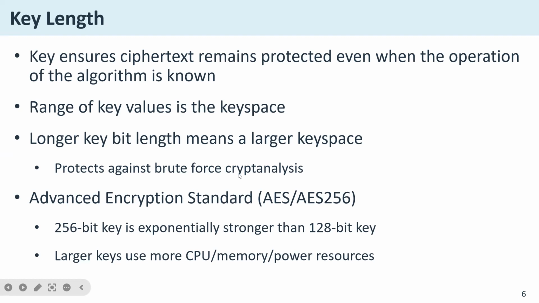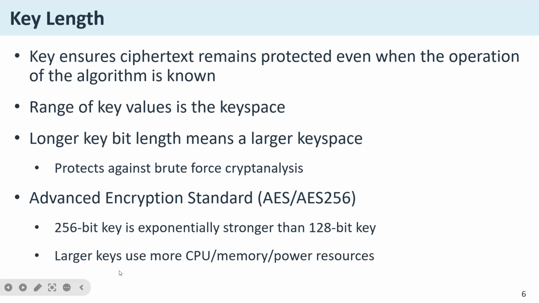Take, for instance, in your exam, you have a question about which of these algorithms is going to take a longer time to break. You're looking at key length. The longer the key, the better. And of course, the Advanced Encryption Standard uses a 256-bit key.